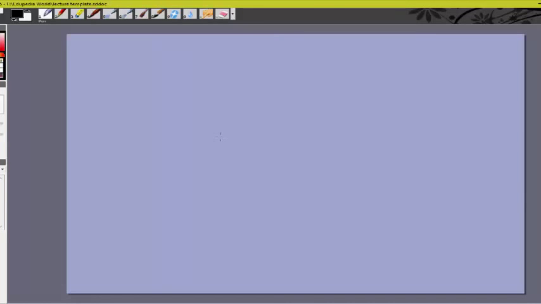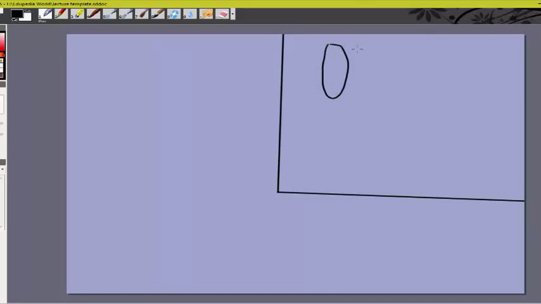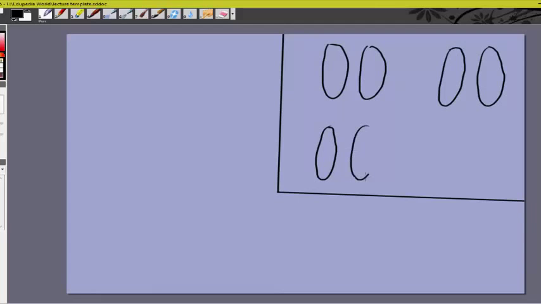So let's just try to look at a few diagrams first. So I'm going to try to show you different types of functions. Let's say this is f1, this is f2, this is f3, this is f4.